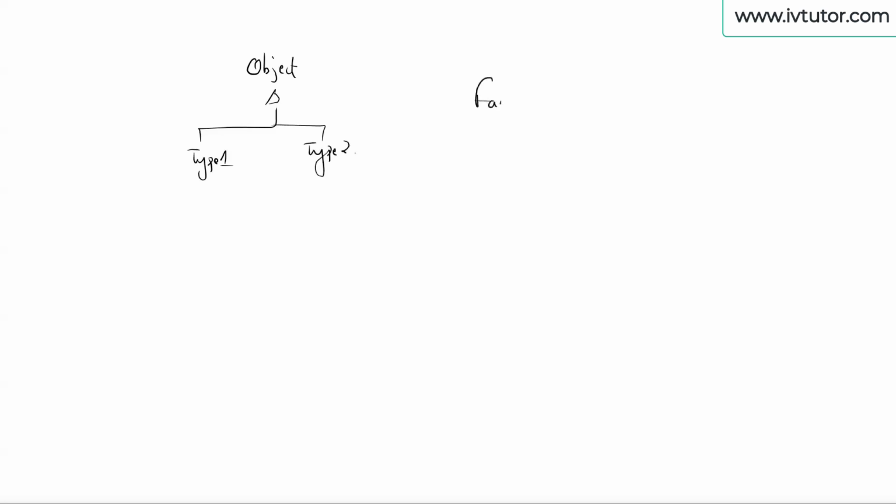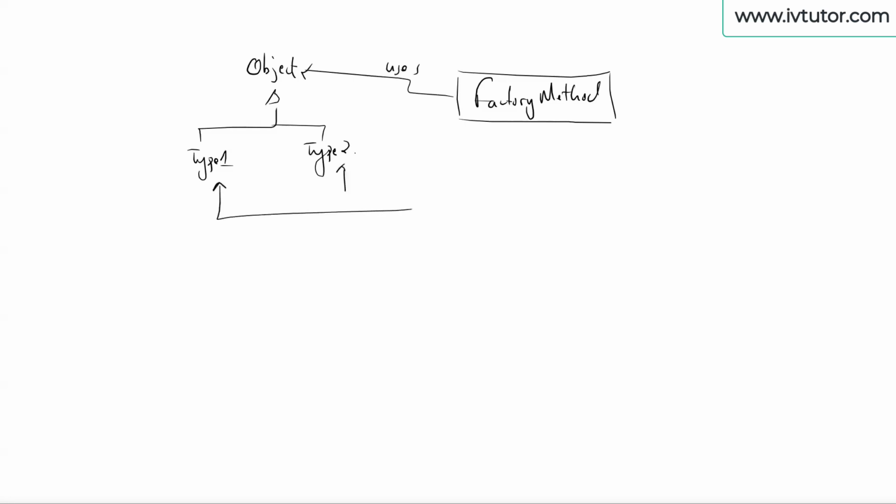So when you apply your factory method design pattern, you are simply saying, here's a class that knows how to give you an instance of an object, right? And this instance can be type 1 or can be type 2. That's factory. That's how you generally apply the factory method design pattern.